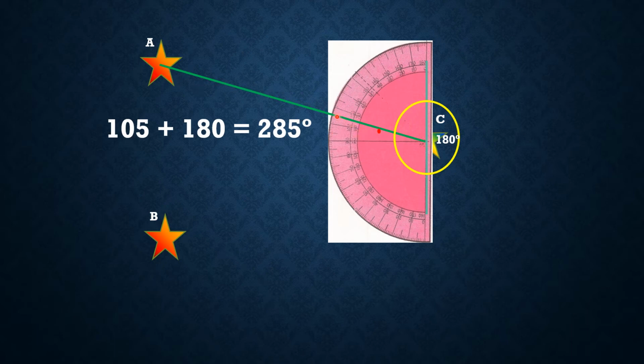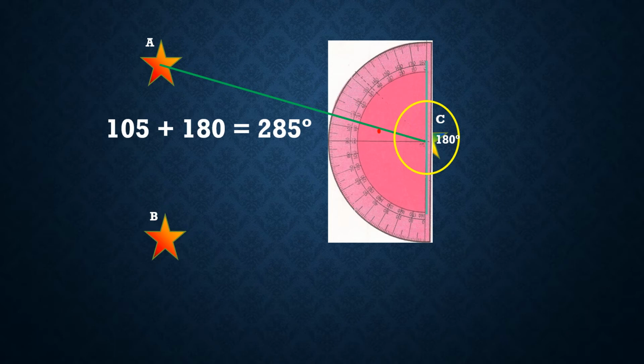As we look carefully, we see that it has passed right through 105 degrees, on the outer numbers. Since it passed through 105 degrees, we add 105 to 180, which gives us 285 degrees. And that is our bearing for point A.